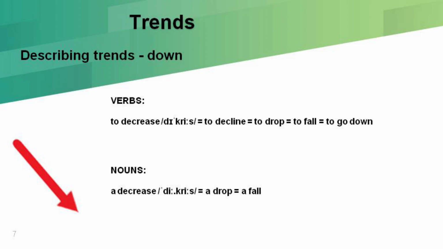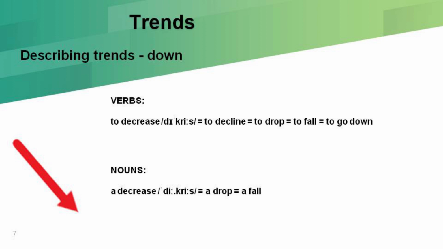Now, let's look at ways in which you can describe negative trends. You can use the verbs to decrease, to decline, to drop, to fall, or to go down.